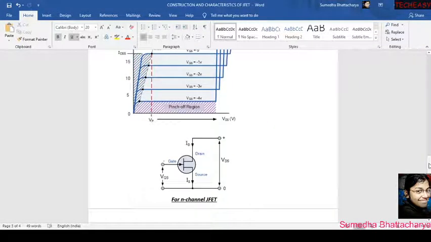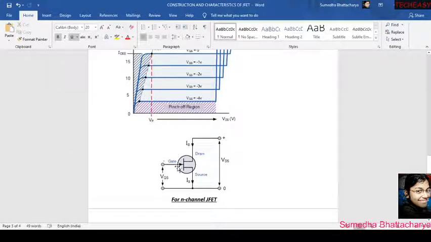Now the thing that we missed or skipped in the previous class, that is the symbol of JFET for N channel only, obviously. I have told that there is a trick to remember the symbol of JFET. So here you can see the symbolic expression for N channel JFET.